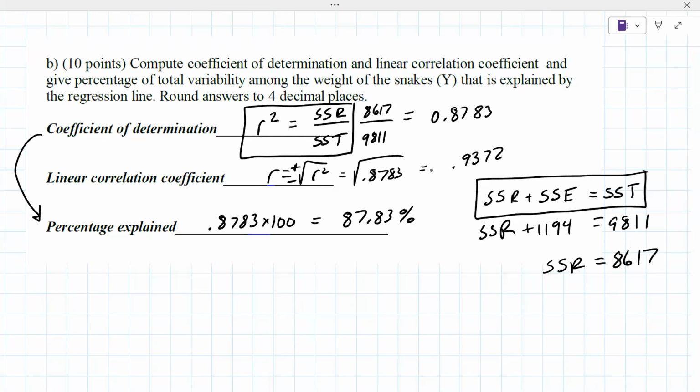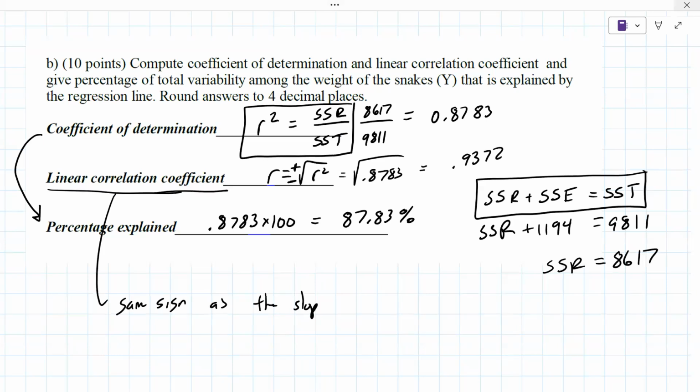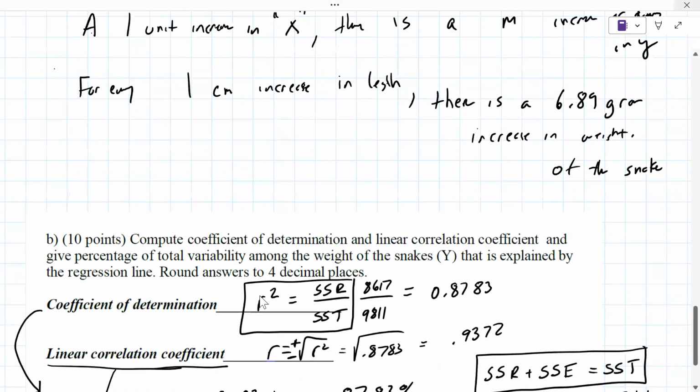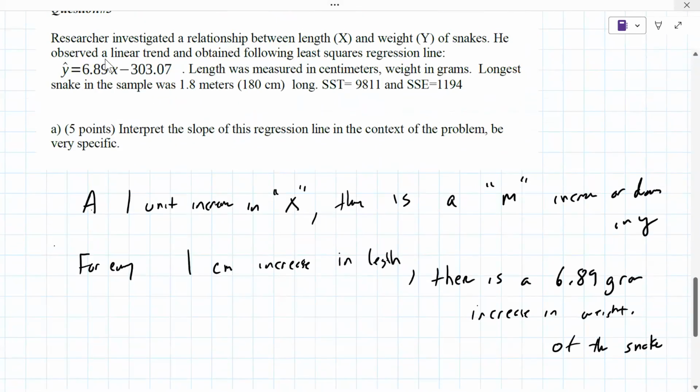Okay. So the correlation coefficient has the same sign, and that's probably important to make a note of. That has the same sign as the slope. So if you go back and look, the slope was positive. Yeah.